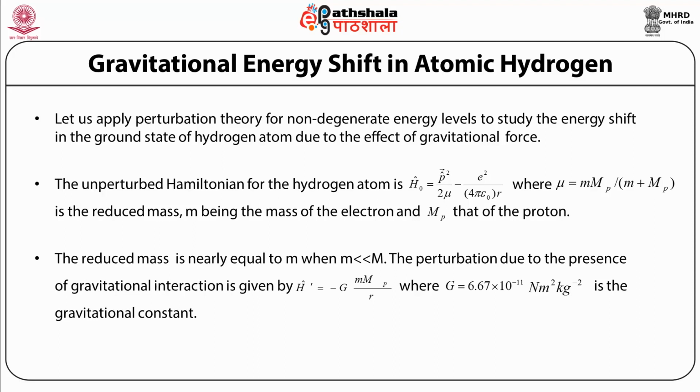The perturbation due to the presence of gravitational interaction is given by H prime equals minus G small m into capital MP by r, where G equals 6.67 into 10 to the minus 11 newton meter square per kg square is the gravitational constant.